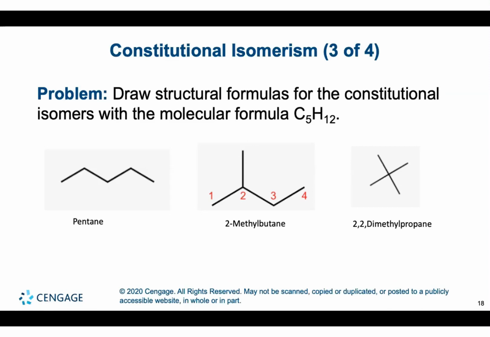Never put it on the first carbon when you remove it, because it is going to be the same. If I remove this and add it to the first carbon, I get the same compound, so there is no need to do that. We already have it. We don't want to find the same constitutional isomer. We want to find a different constitutional isomer.